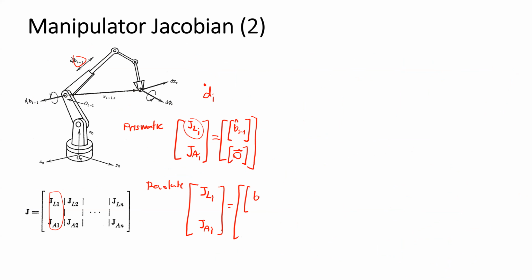We need the cross product of the unit vector and the relative position vector that points from the origin of that frame to the endpoint, and the cross product gives a 3×1 vector.